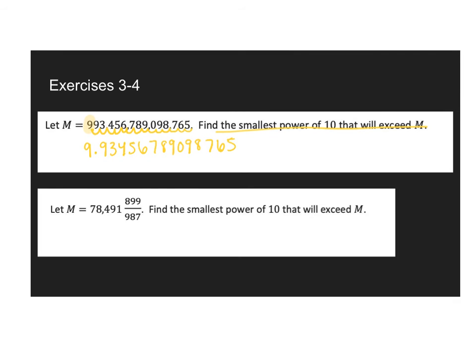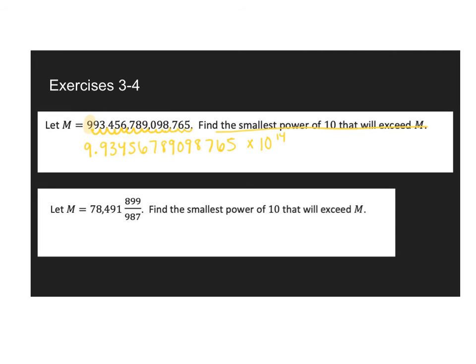We have to include every number that they give us unless they tell us otherwise, or if those just start to become zeros forever, we don't have to include zeros. And we are moving this to the left, so it's going to be positive, and we move this 1, 2, 3, 4, 5, 6, 7, 8, 9, 10, 11, 12, 13, 14 spaces.